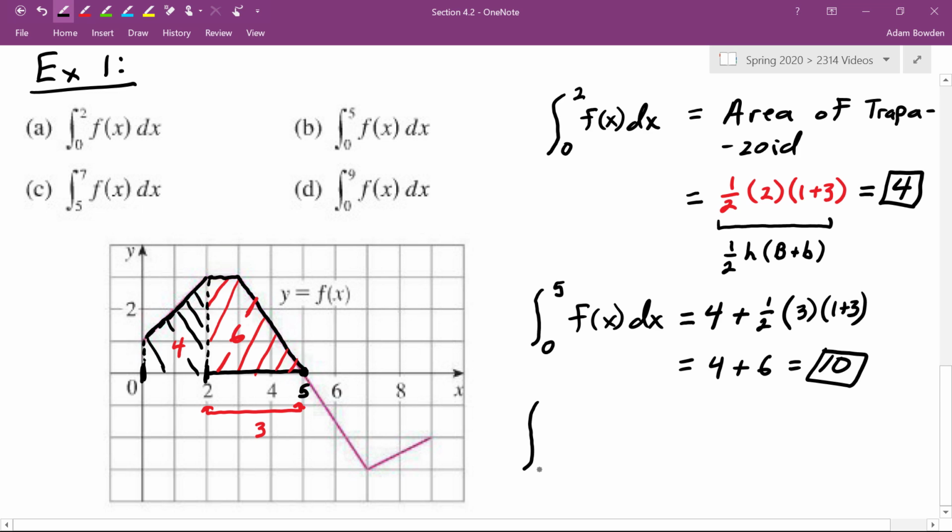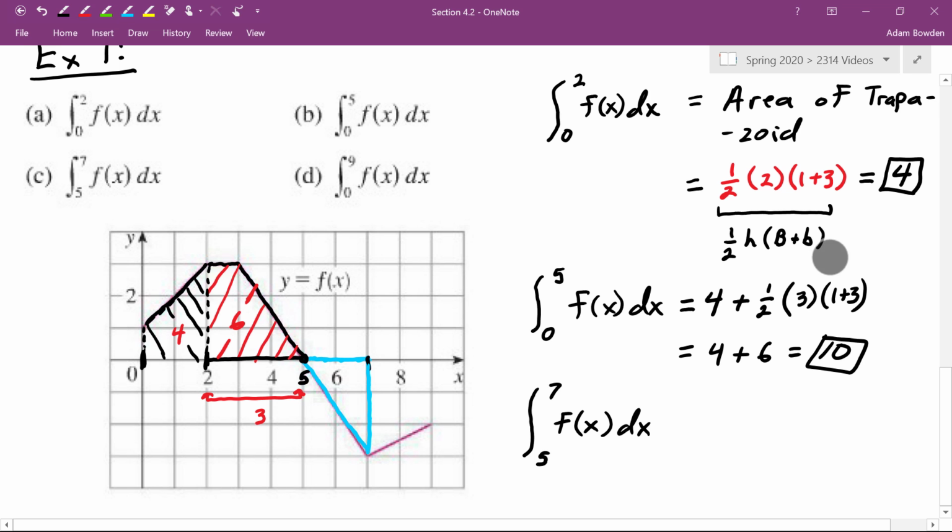Okay, and then another integral will go for integral from 5 to 7, f of x dx. Okay, so now we're looking at the area. It's down now, dropped below the x-axis, and if you notice, that has the shape of a triangle.